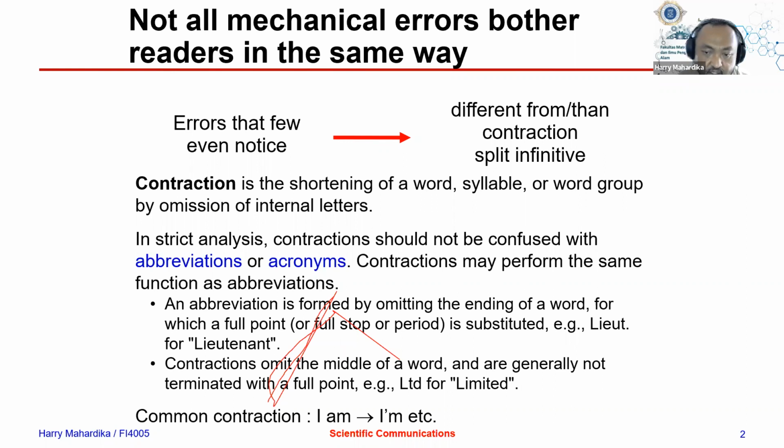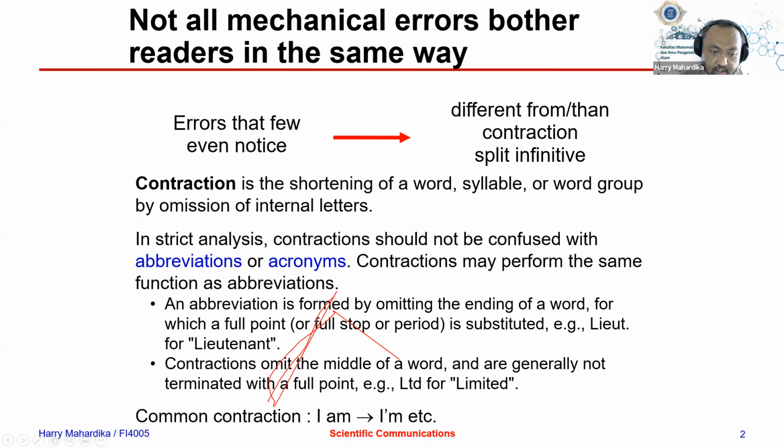For example, lieutenant, you can write it as this one instead of the full form. And a contraction omits the middle of a word and is generally not terminated by a full point. Example, LTD for limited, which corresponds to PT in the Indonesian language.